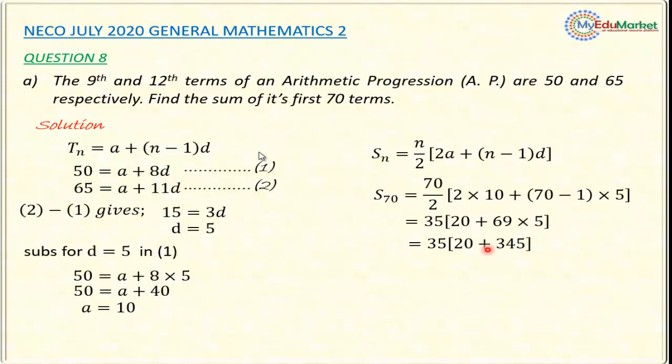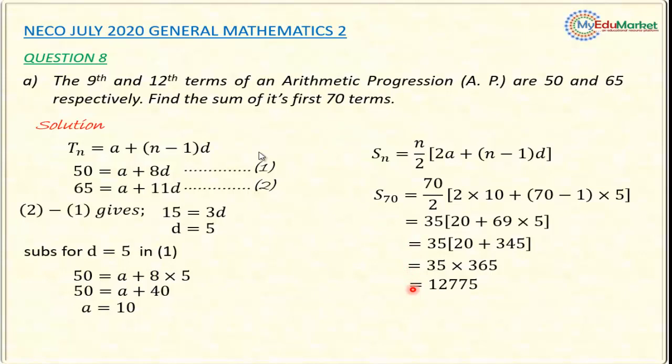Now I add these two numbers in the bracket: 20 plus 345 gives 365, then multiplied by 35, and the result, if done correctly, will be 12,775. So this is the sum of the first 70 terms of this AP. So I have answered this question also.